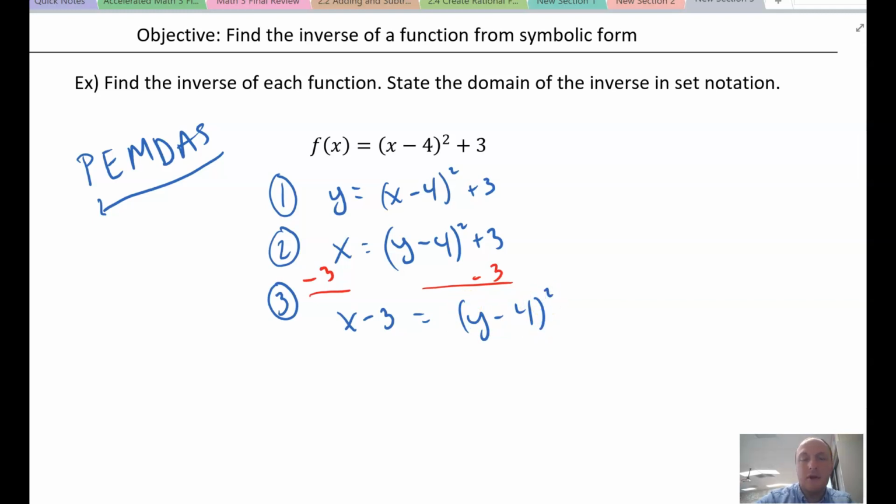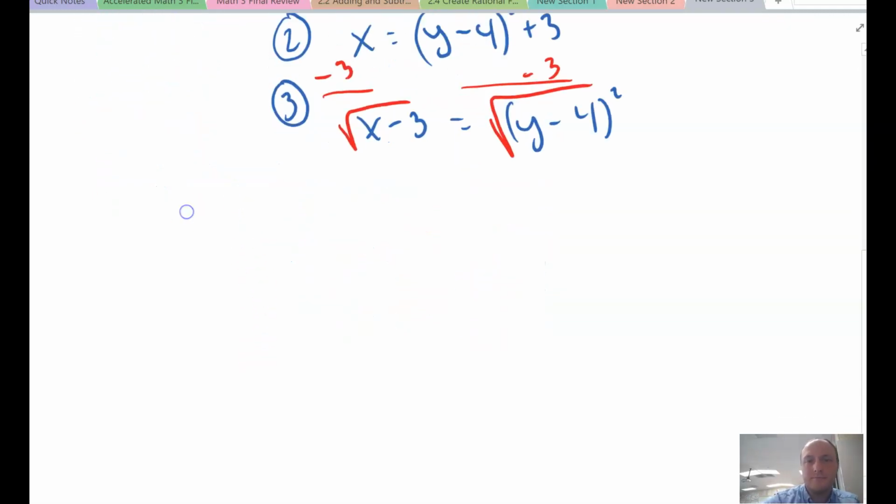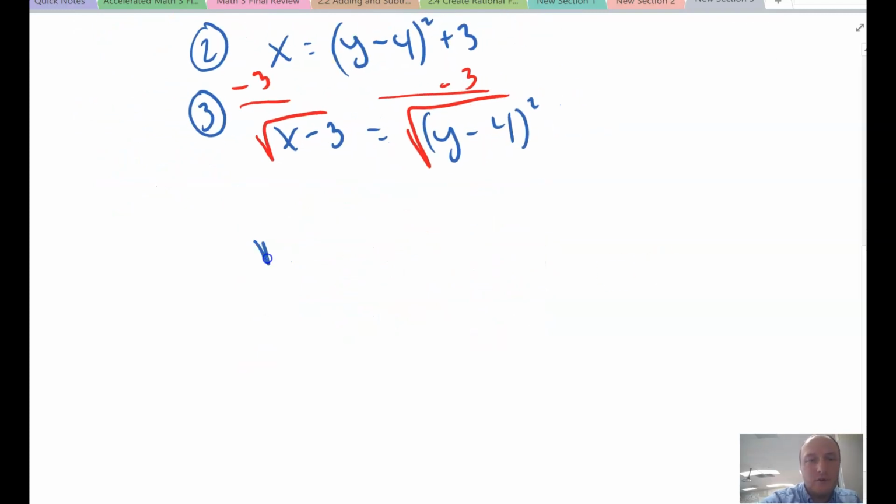Now I want to undo the square, so I'm going to take the square root of both sides. We get the square root of x minus 3 is equal to y minus 4. Normally, when we take the square root here, we would have plus or minus, but we're only going to focus on the positive value.